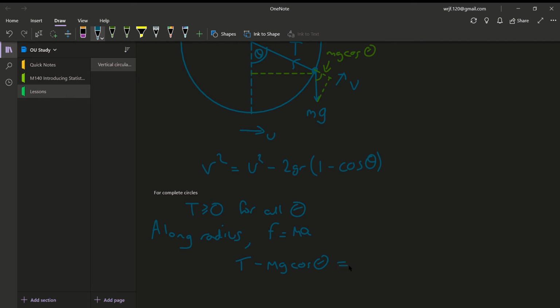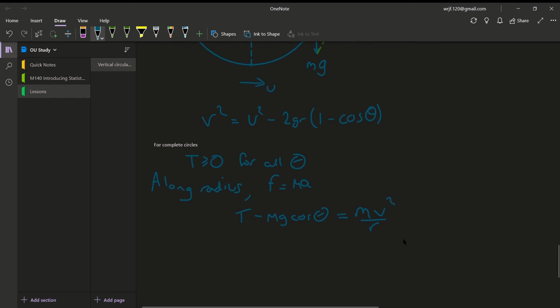That's our resultant force along the radius, and that must be equal to ma. And as always with circular motion, for the radial acceleration, instead of a, we can use v squared over r. So we've now established a Newton's second law equation for this sort of situation: T minus mg cos theta equals mv squared over r.